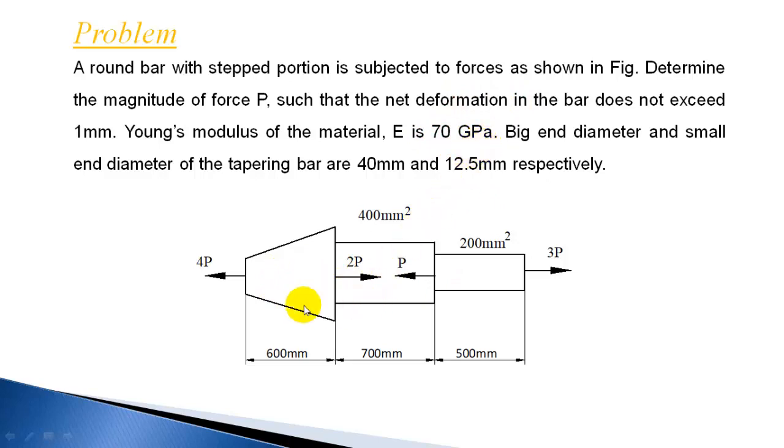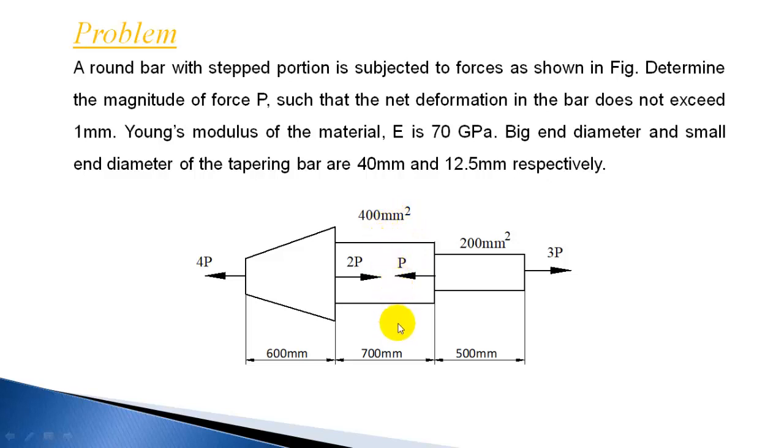But here the forces in each section are different, so we need to find the forces induced in each section. The method is to take a section, consider the portion on the right side and sum up the forces. If you take a section here, the internal force is 3P. If you take a section here, considering the right portion you have two forces, minus P and plus 3P, so you get 2P.